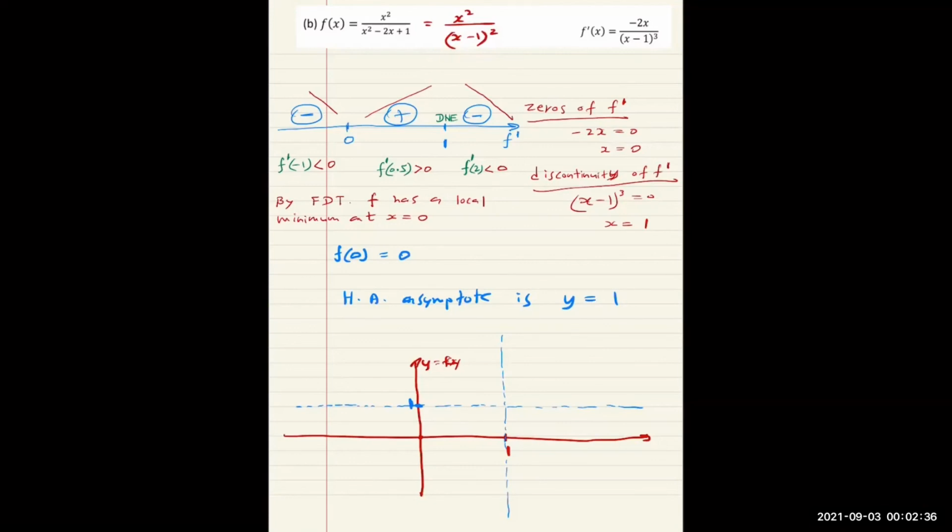What happens as x approaches 1 from the left-hand side and from the right-hand side? Doesn't matter what side your x approaches 1. For example, let's compute the left limit.